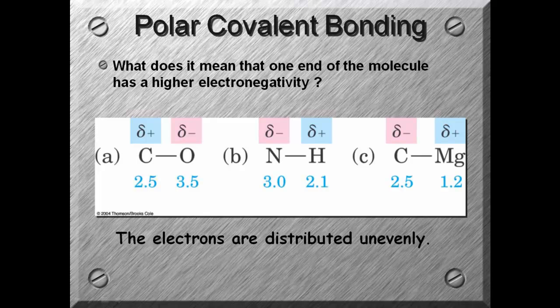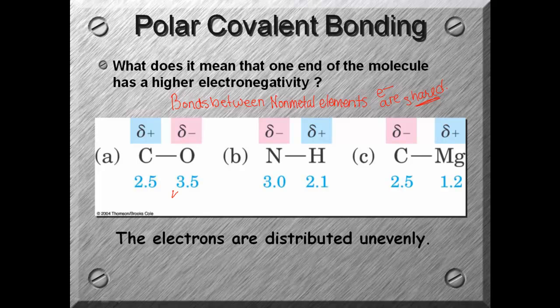What we're looking at here are bonds between non-metal elements. So that means the electrons are shared between the two. So it's important for you to keep that in mind. We're not transferring electrons, we're sharing. So here, between carbon and oxygen, carbon's electronegativity is 2.5, oxygen is 3.5.